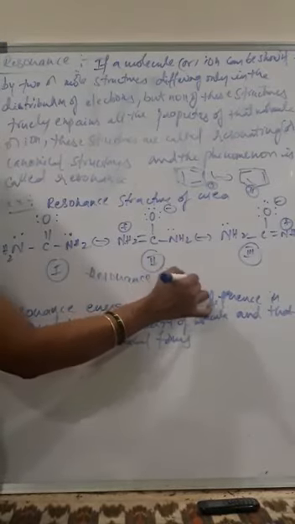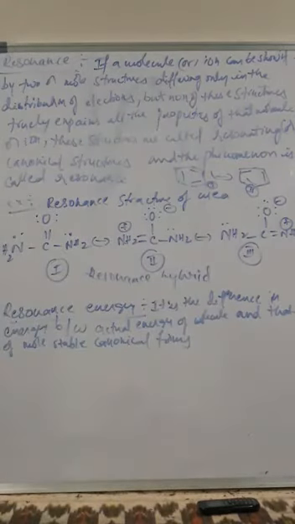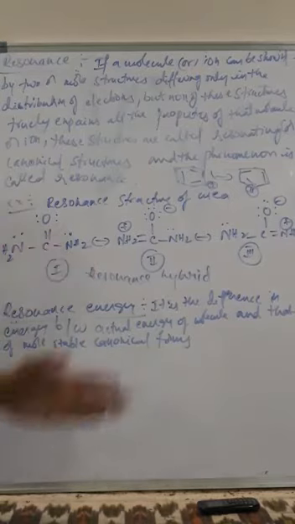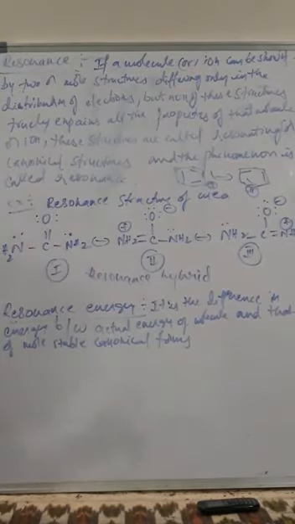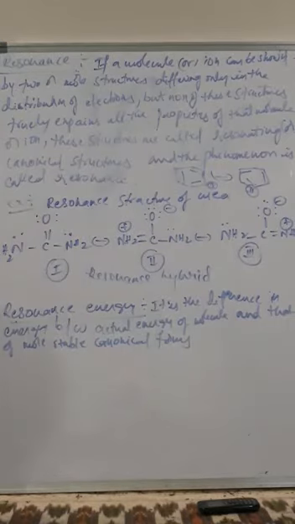Urea exists in three different forms, but none of these structures completely explains its properties. These three structures collectively explain the total properties of urea.